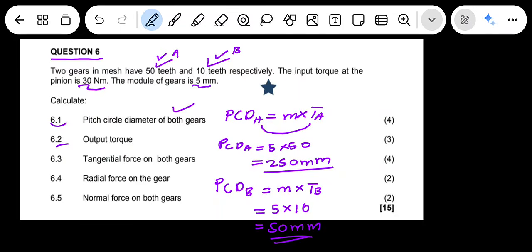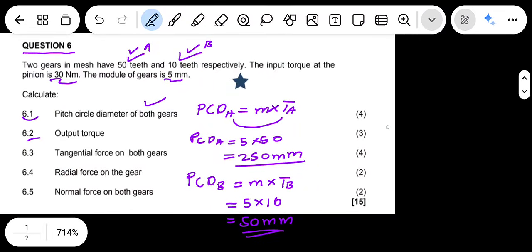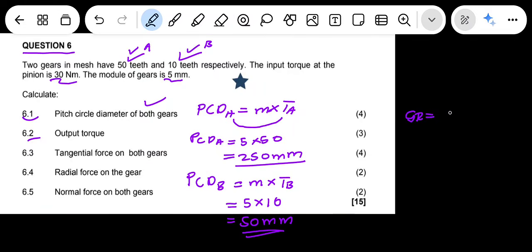So 6.2 says they want the output torque. You must know this equation: the gear ratio is equal to the output torque divided by the input torque. It's output over input torque.